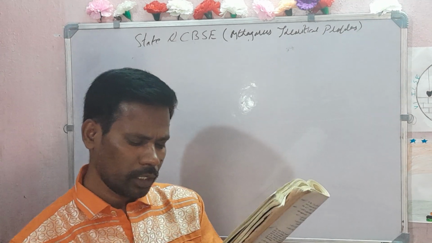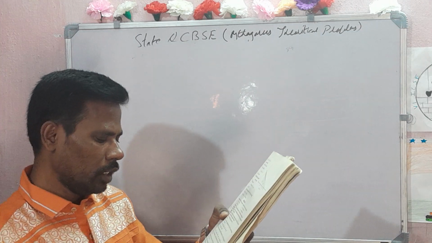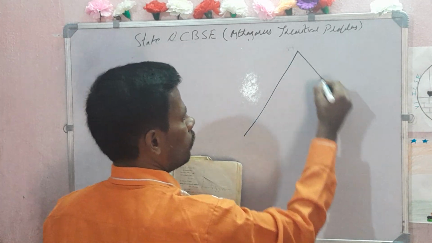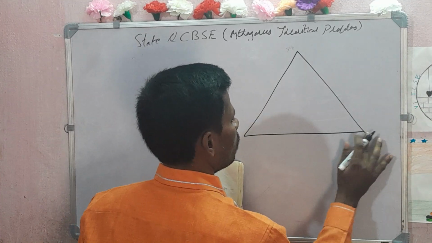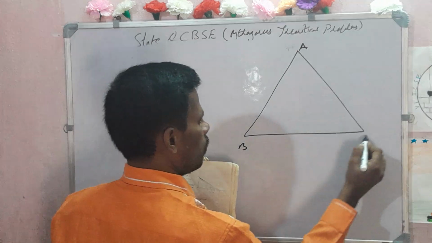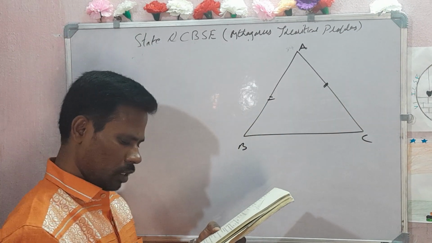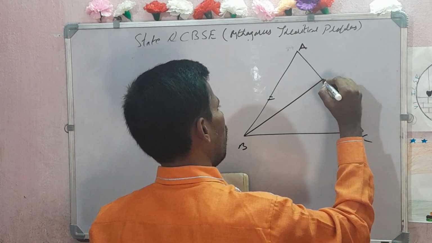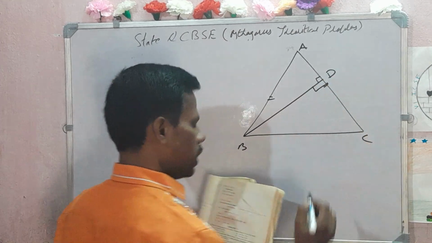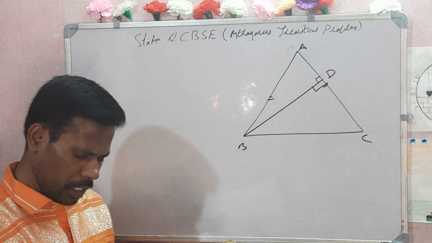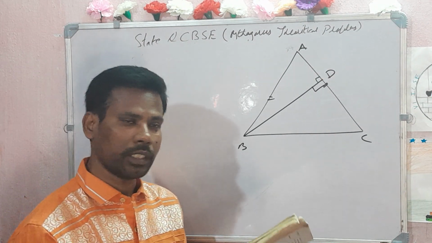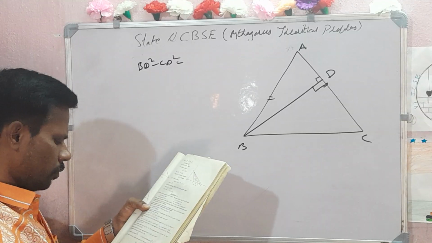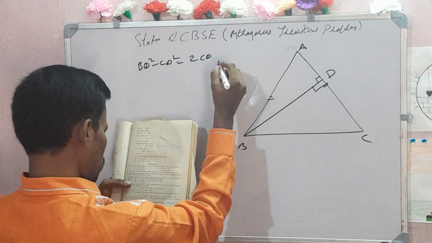Prove that BD square minus CD square is equal to 2 times CD into AD.